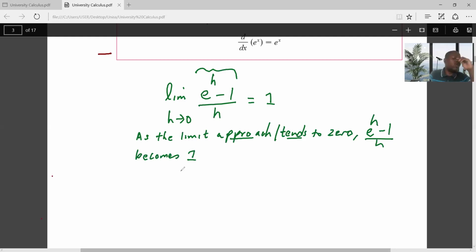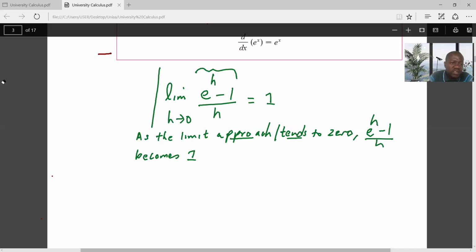So this is according to this definition. It says, when h approaches 0, then e to the exponent of h minus 1 over h becomes 1.